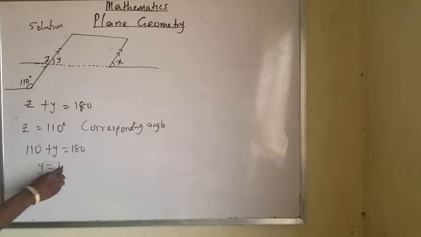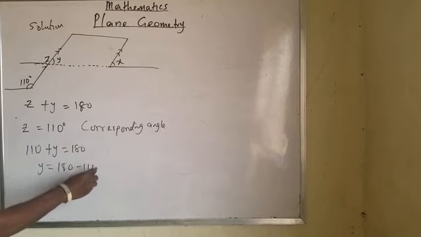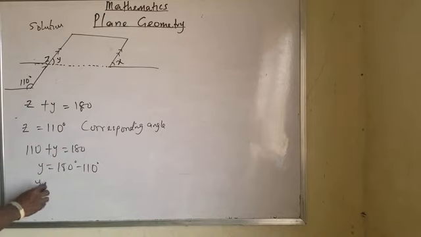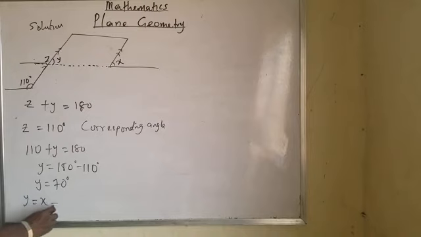My Y equals 180 minus 110 degrees. My Y will now be equal to 70 degrees. You can see that my Y equals X equals 70 degrees, which is corresponding also.